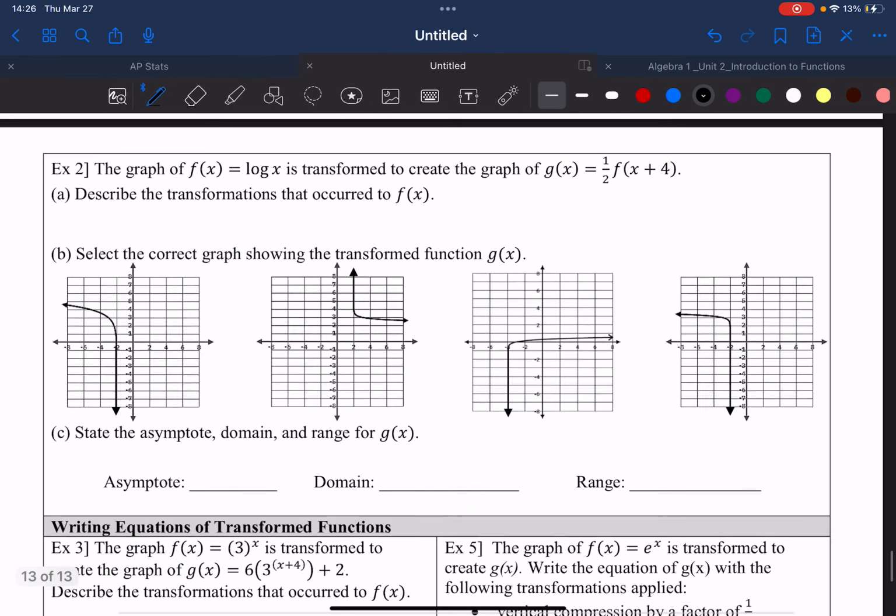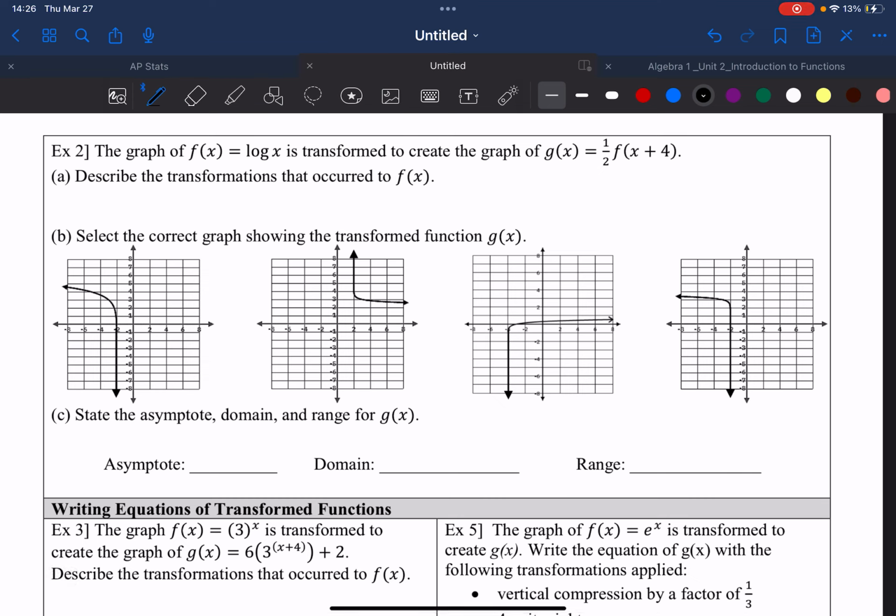Okay, number 2. The graph of f of x is equal to log of x is transformed to the graph of g of x. Name the transformations. So first thing you should have noticed here, in the function of g of x, it doesn't actually say log x, it just says f. So we have to rewrite this as g of x is equal to 1/2 log x plus 4.